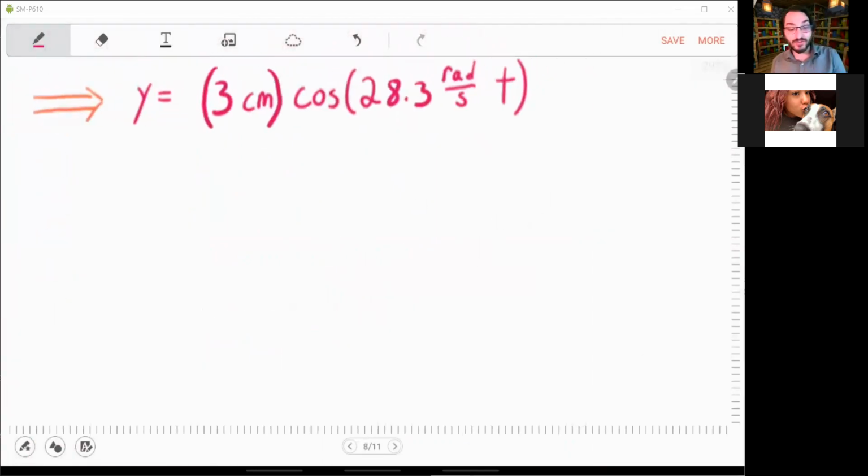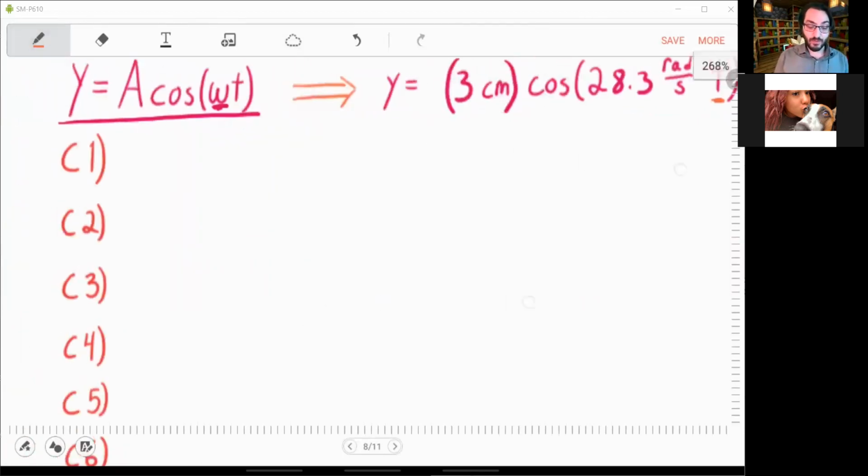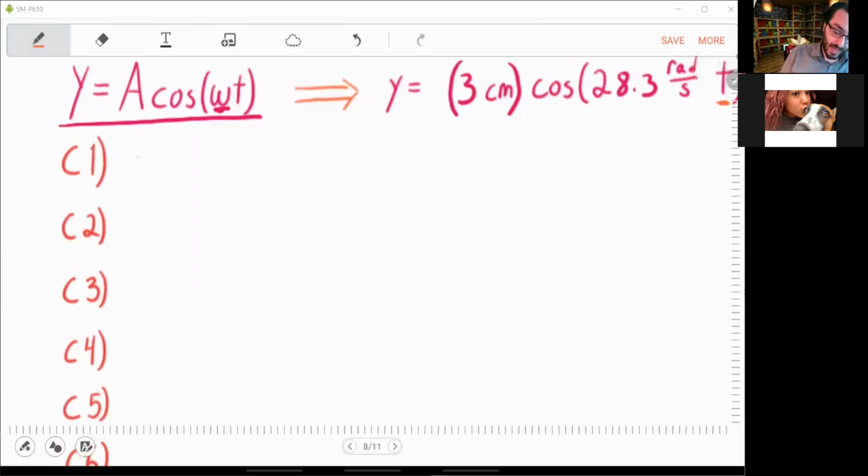And so now all we have to do for these times is plug in for t, right? So for question 1, we're going to have y is equal to 3 centimeters multiplied by the cosine of 28.3 radians per second times the time.